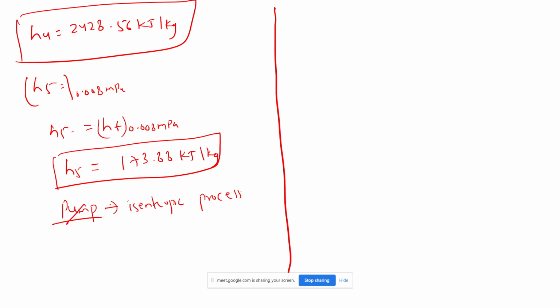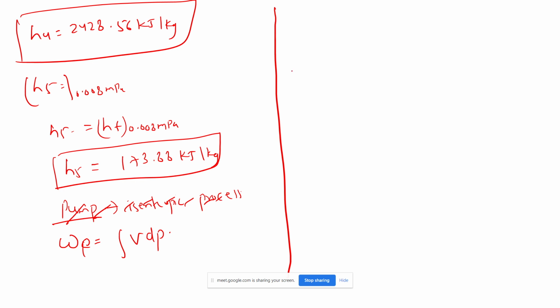We'll skip that because they haven't mentioned anything about it here. We directly know that the work done in a pump is the integration of VdP. This is the work done in the pump or compressor.